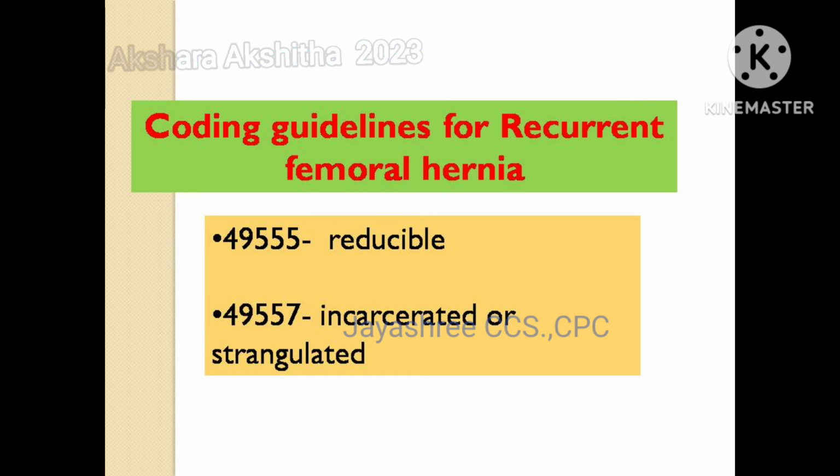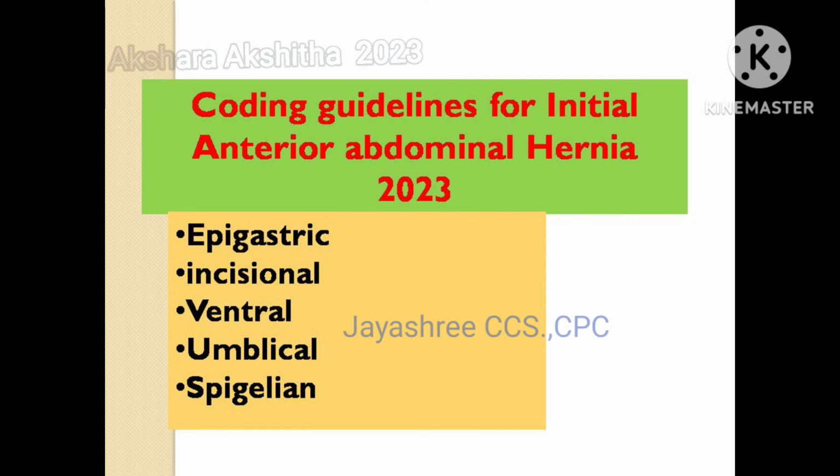Okay, this is all about the hernia types. In 2022 and 2023 it is the same concept, but anterior abdominal hernia is different, there are changes in 2023. So for anterior abdominal hernia, they describe the code based on some points.